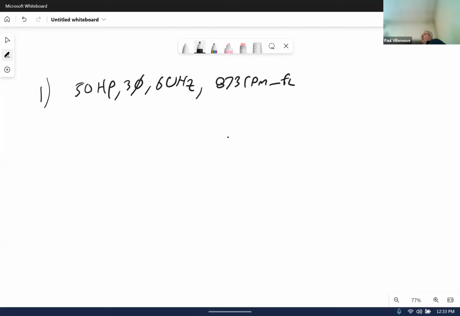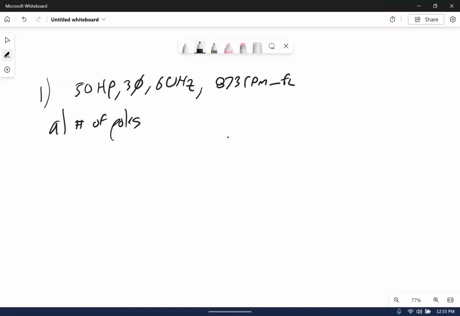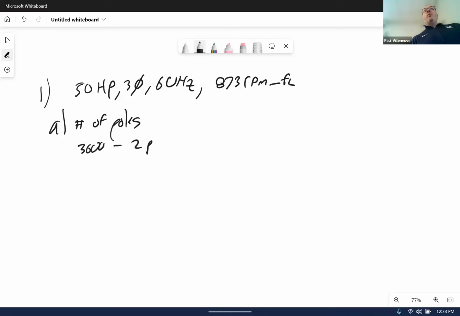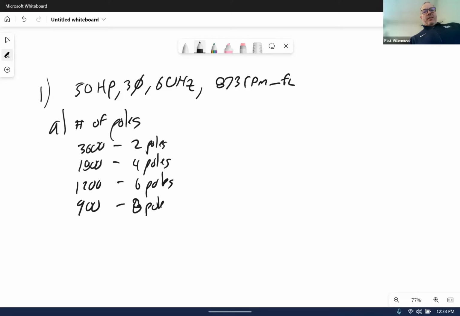Immediately, you should be able to look at this and tell me how many poles? 8. An 8-pole machine, because we know 3,600 is 2 poles, 1,800 is 4 poles, 1,200 is 6 poles, and 900, and that's synchronous speed, is 8 poles.